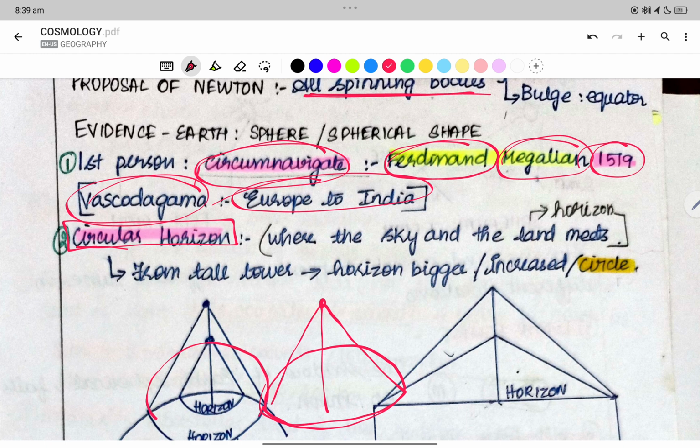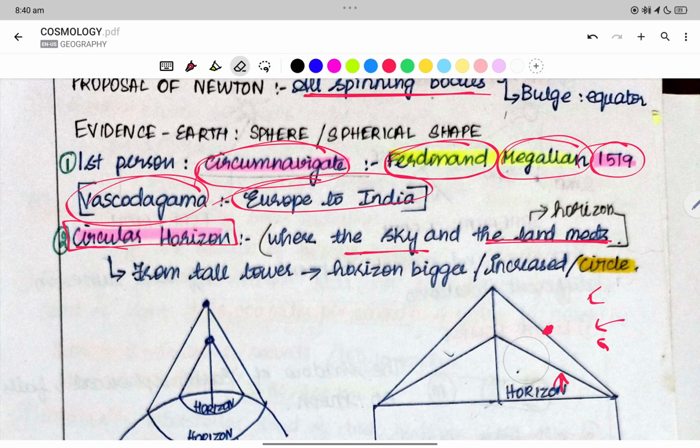And you see here the sky and the land meet, but the area is in this shape. So a round area where the sky and the land interact when you are viewing from the top of a pole. So this is what we call a circular horizon.